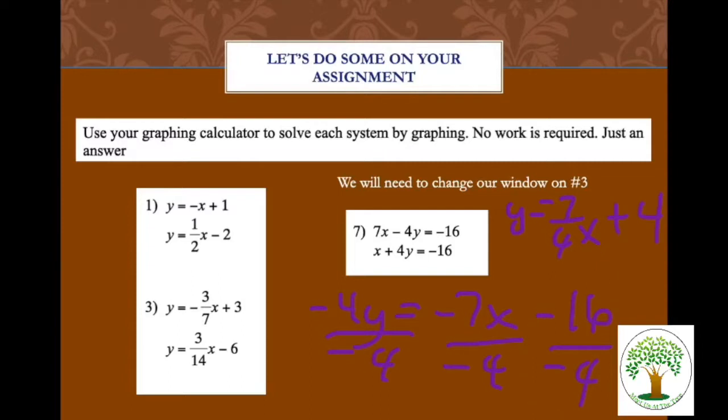This part, for room's sake, I'm just going to get it out of there. And let's clean this up a little. This looks like a subtract when it's just really an equals. Okay. Now let's do this one. I'm going to just move that x over here, and I'll have 4y equals negative x minus 16. Divide by 4.